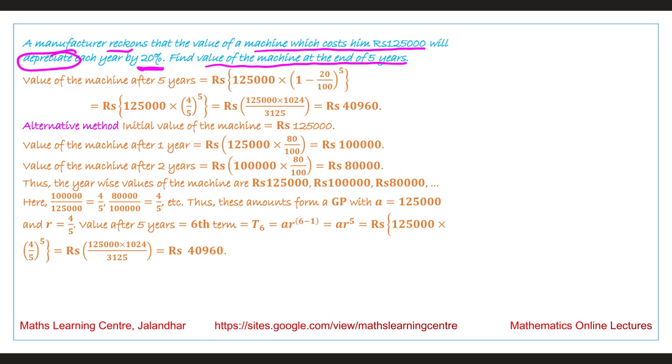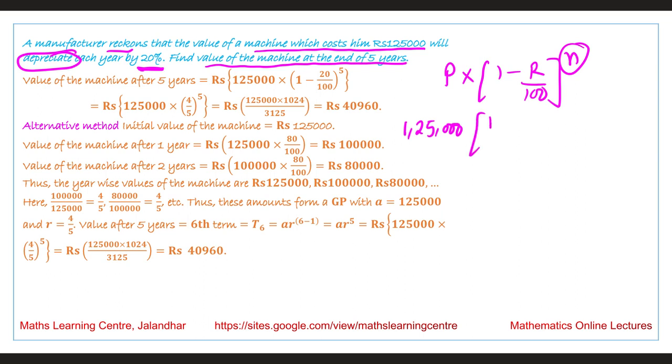The formula for depreciation is the initial amount into 1 minus r by 100 raised to the power time period. So the initial amount is 125,000 into 1 minus the rate, 20 by 100, raised to the power of the time we are talking about, 5 years.